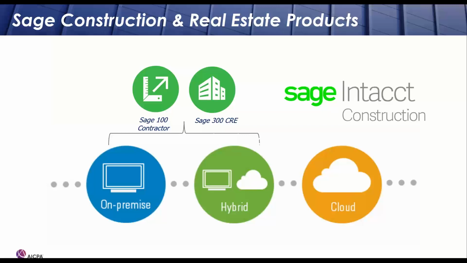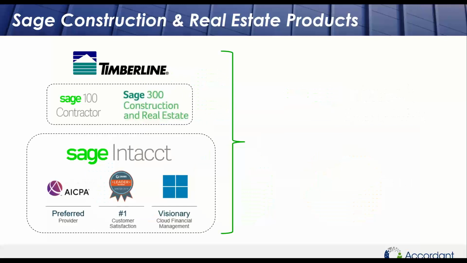Now, Sage Intacct Construction is a next generation state-of-the-art product built natively for the cloud. It's a true multi-tenant SaaS, which is software as a service solution. And by the way, Sage Intacct now has 15,000 customers. It all started with Timberline and Master Builder, which over the years, some of you will probably still today refer to your products as that.